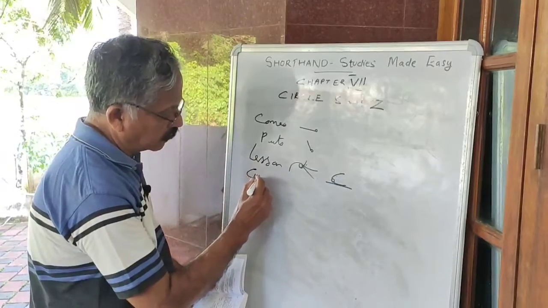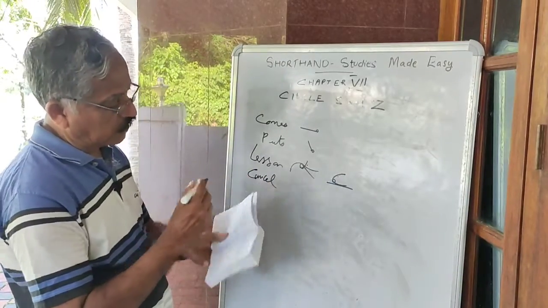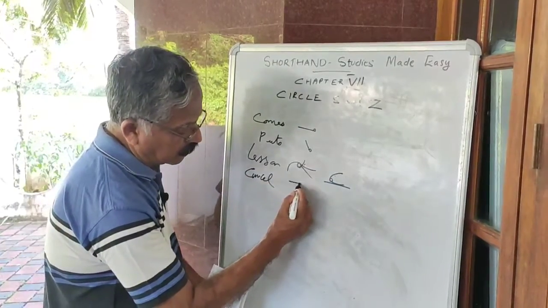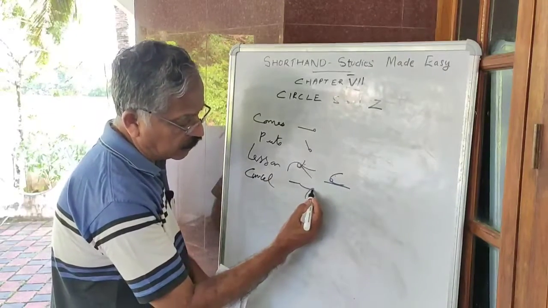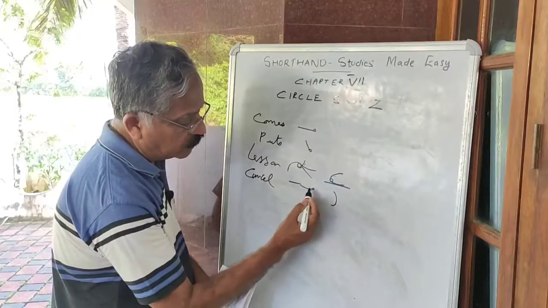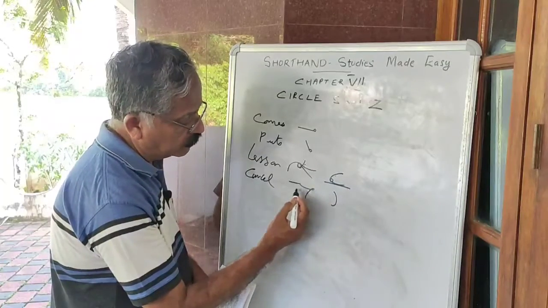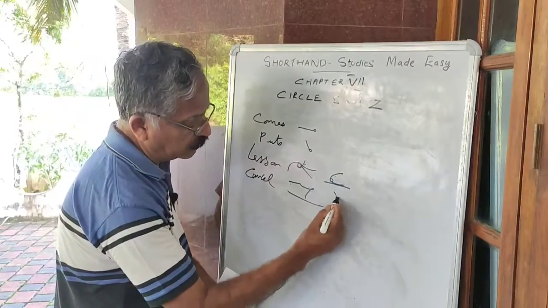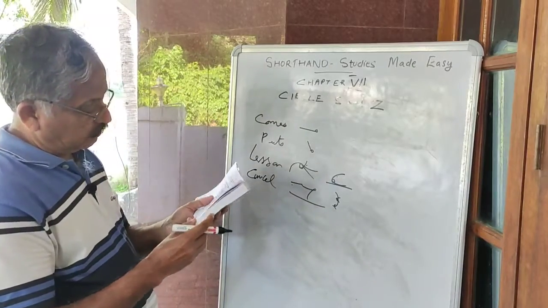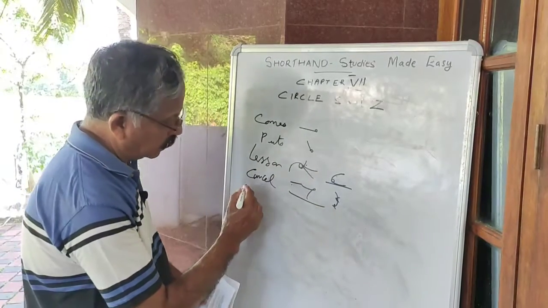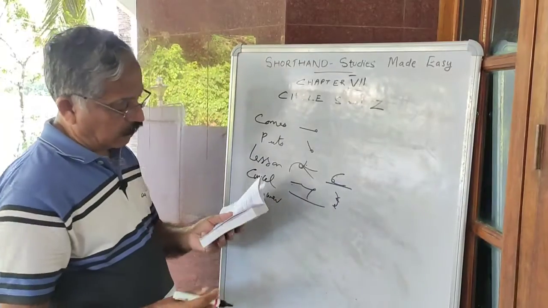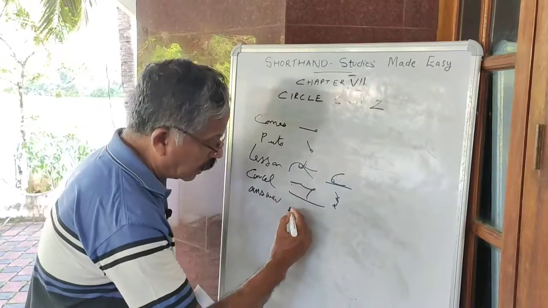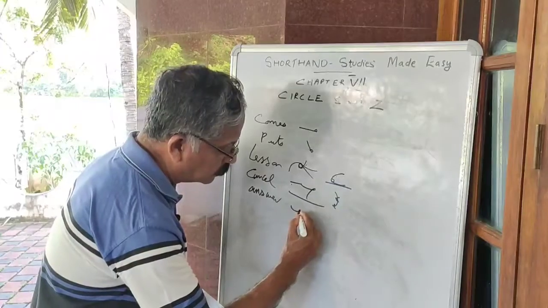Then cancel. How do you write cancel? Can, S, L. For the full S sound, we write a small circle in between. So this is cancel, above the line. Now answer. How will we write answer?